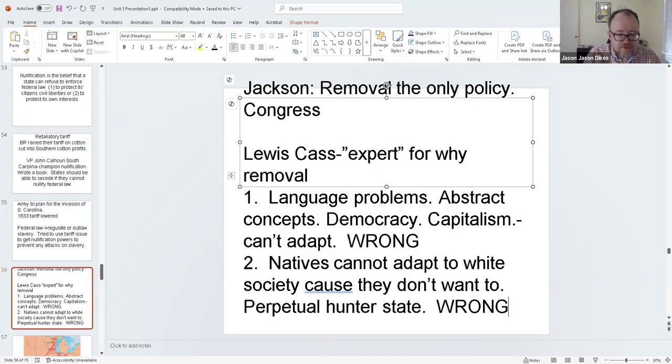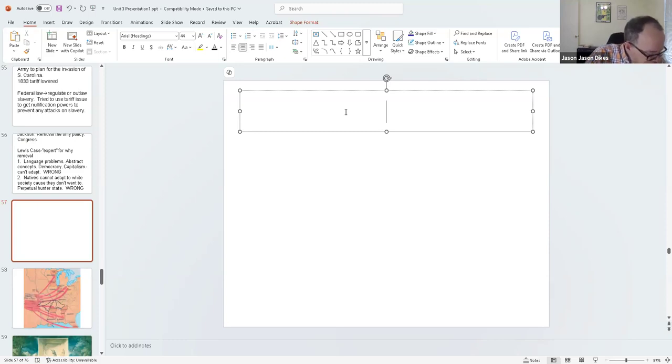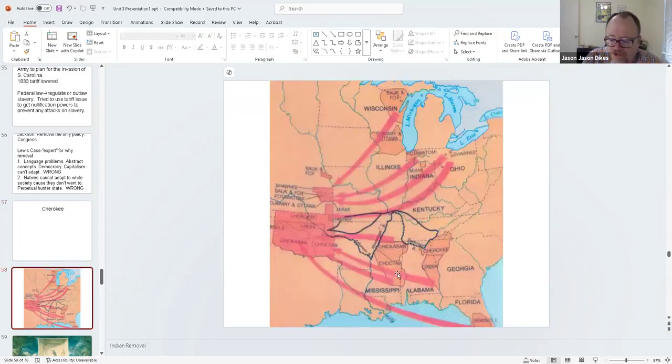But this is still going to be, again, our expert. Okay, what causes this crisis? The Cherokee, and let me pull up a map to show you where the Cherokee live. So there's the northern quarter of Georgia, a little bit of Alabama, and just the tiniest bit of Tennessee and maybe one of the Carolinas.